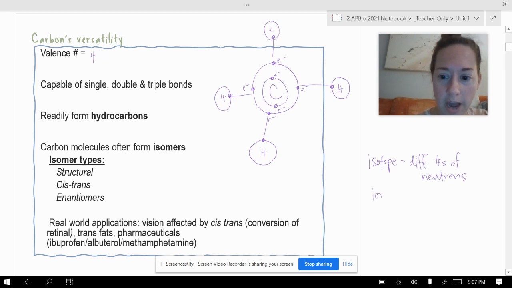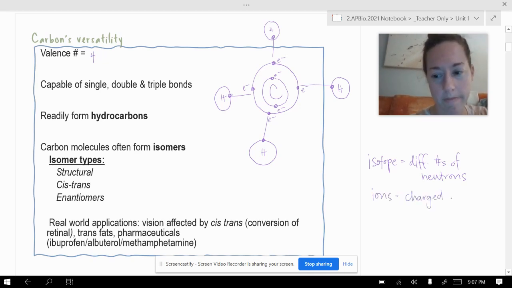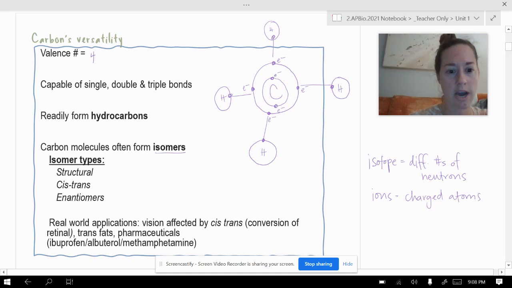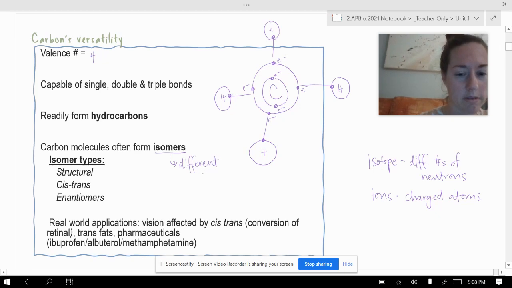Last video talked about ions, which are charged atoms. And now we're adding this other I word, isomer, to the list. Isomers are just different structural variations of the same molecule.